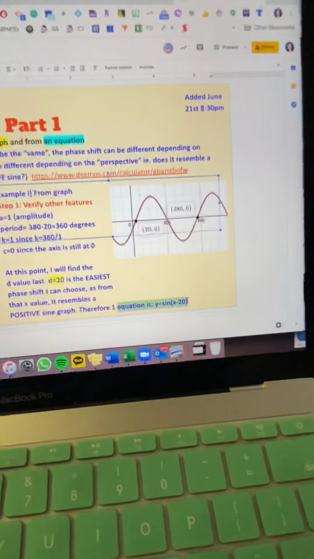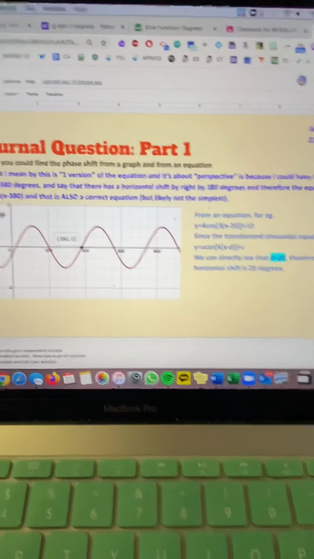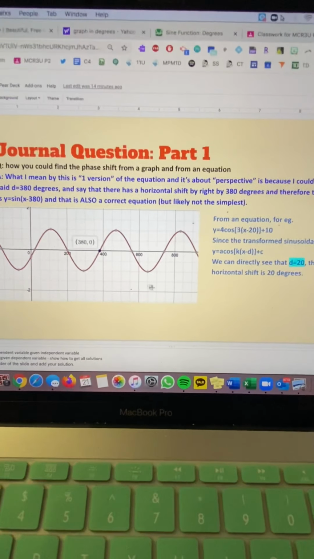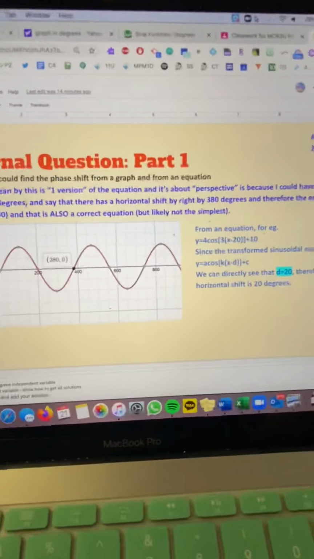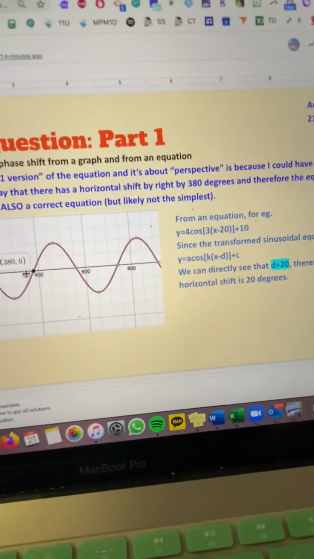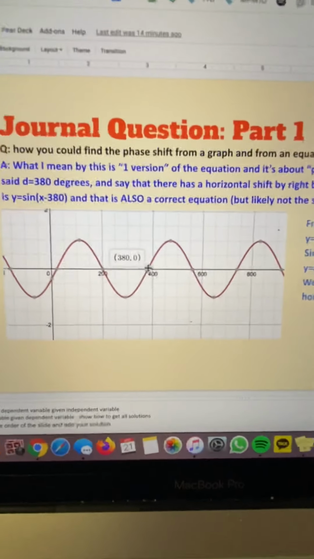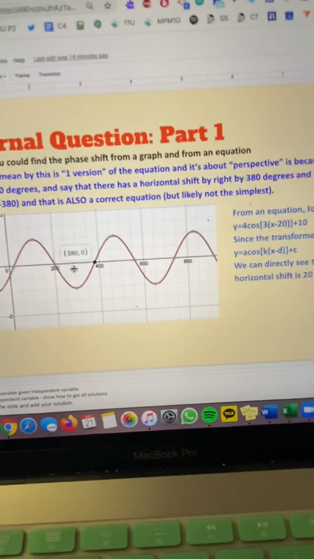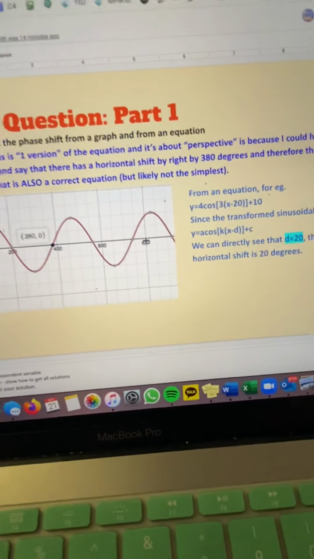And then I would write my equation accordingly. Just to give you a perspective, if I looked at a print screen of a larger view, with more cycles of this same equation, someone else could have realized that the phase shift is 380, because you could also look at it as this graph went right 380 degrees and then continues this sinusoidal function, right?